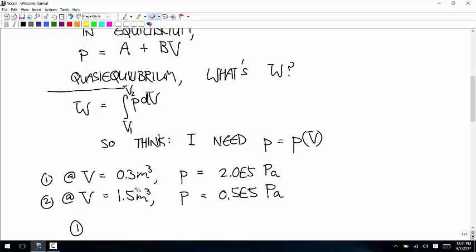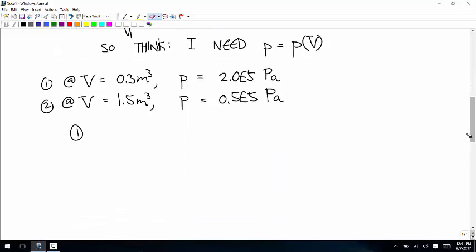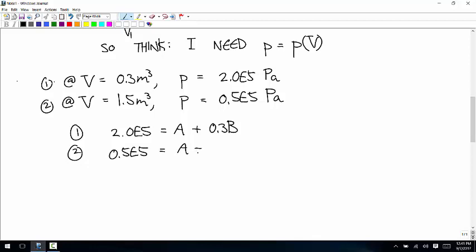That's going to be two equations for two unknowns. So the first one says 2.0 times 10 to the 5th is equal to A plus 0.3 B. And the second one says 0.5 times 10 to the 5th is equal to A plus 1.5 B.